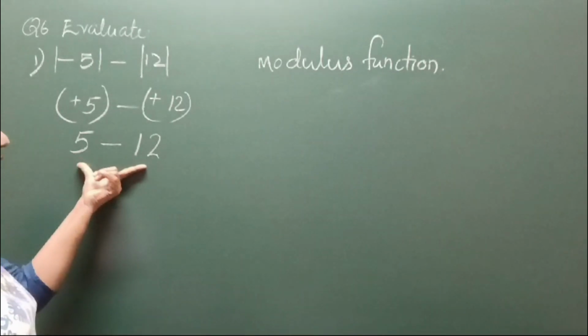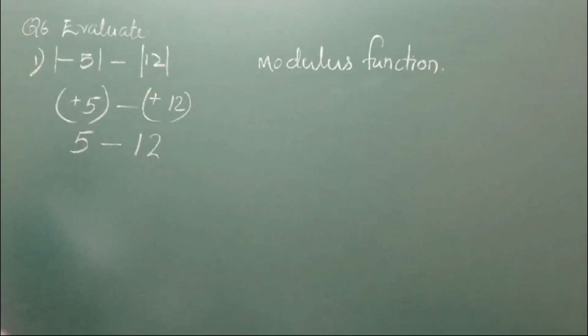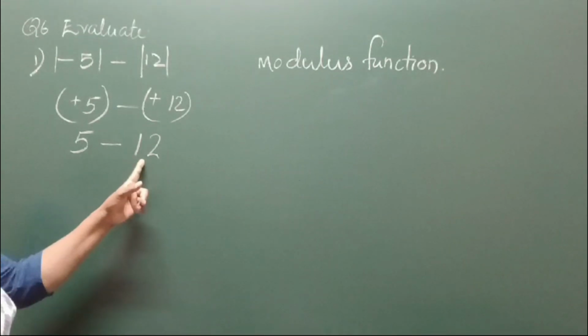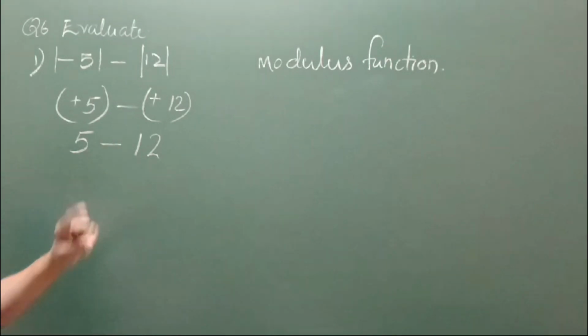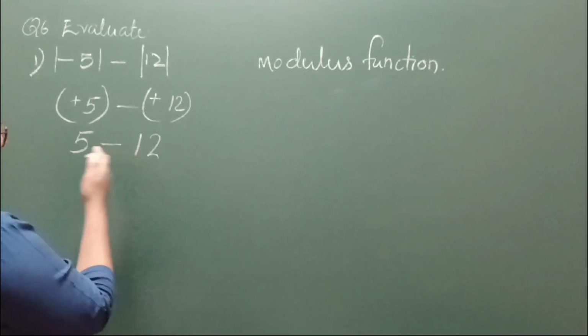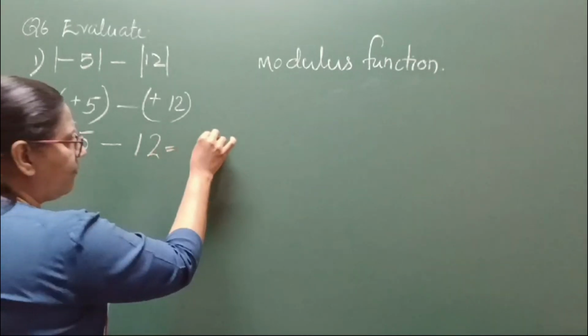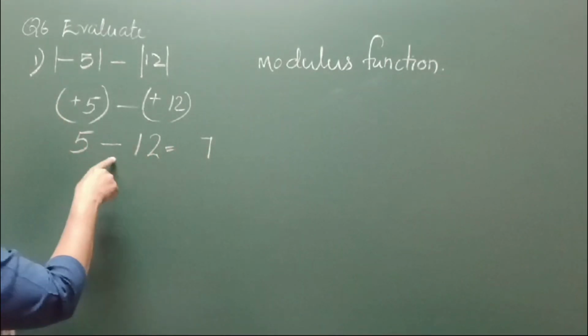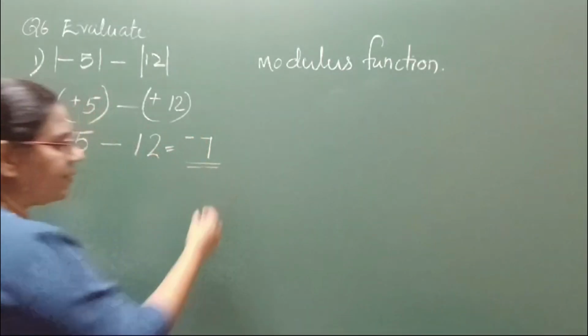After finding the difference, we have to use the sign of the greater number. Here the greater number is 12, the sign of the greater number is minus. So 12 minus 5 is equal to 7. We get the answer 7, using the greater number's sign, that is minus. So our answer is minus 7.